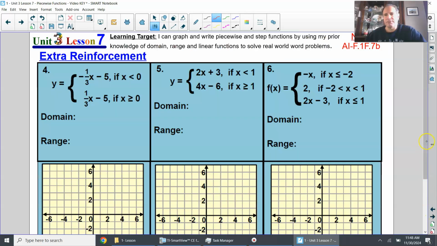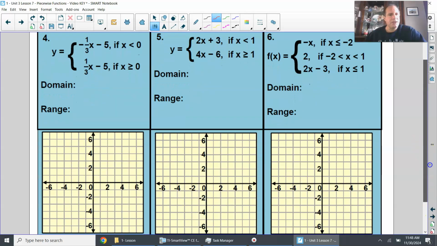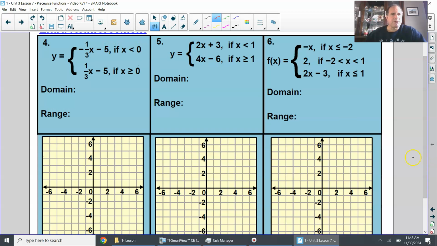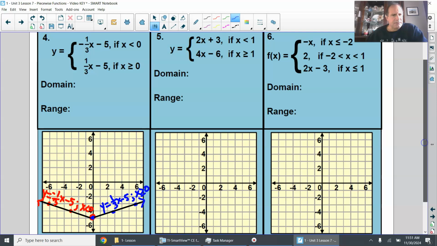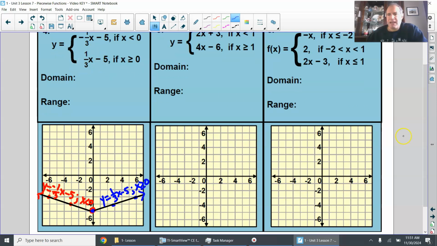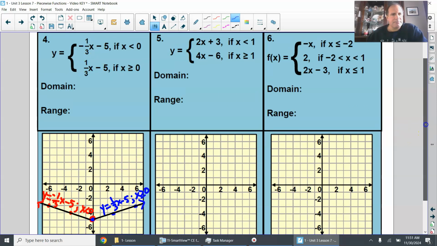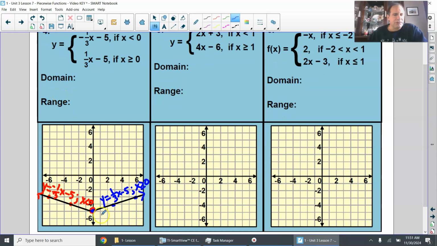All right, extra reinforcement, and here we go. For the domain and the range, we could just basically put them in, but let's concentrate on the graphing first. This is negative 1/3 x minus 5 if x is less than 0.